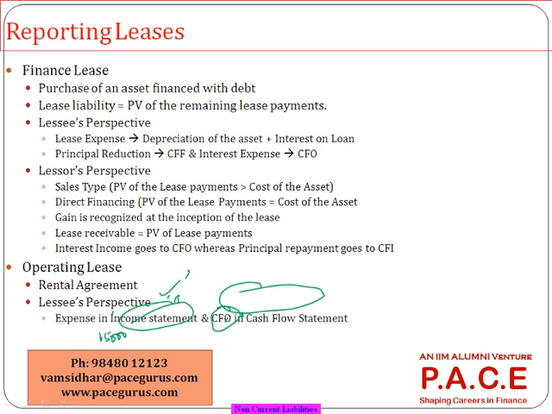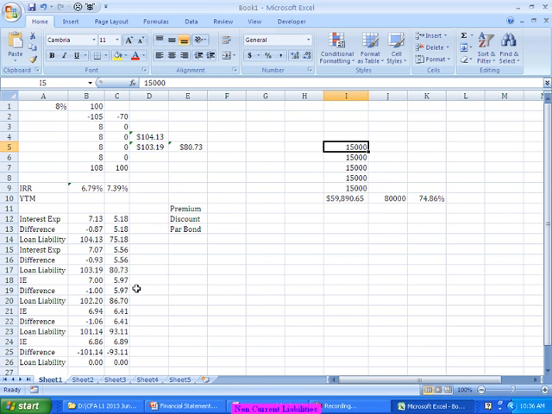But if this same lease is being treated as a financing lease, this is where the whole concept changes. We have seen that the present value of all the future payments is 59,890. Now let's say, what is the purchase price of the asset?